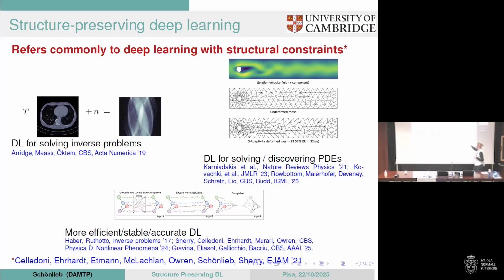The other area is, if you wish to forward to this inverse scenario, where you want to solve, for instance, partial differential equations, or indeed discover dynamics or discover differential equations from data. So here, again, neural networks have been applied in various different approaches and settings.